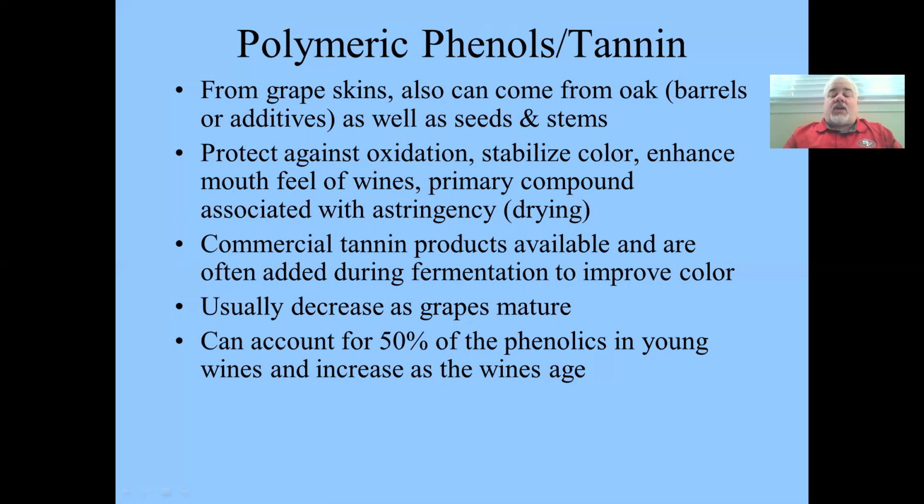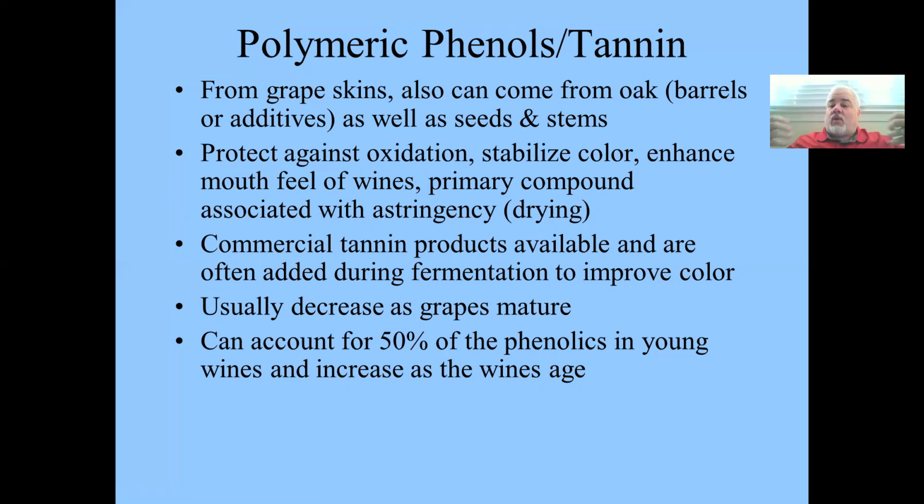Usually it decreases as the grapes mature and can account for 50% of the phenolics in young wines, and increases as the wines age. Why would it change? You're not changing anything in the bottle, but chemical reactions are occurring, and some of those reactions are the polymerization, or the chain formation, as these phenols link up.